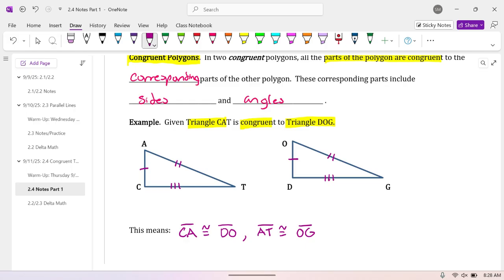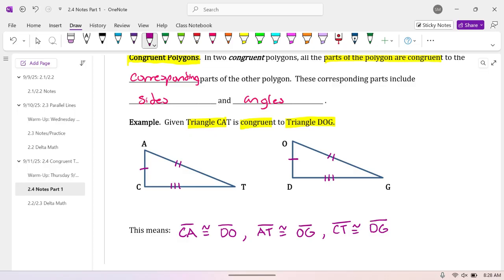I want to mark them with 3 ticks. Now, the reason I'm using different numbers of ticks is because we don't know if any sides within one triangle are congruent. So we have to assume it's scalene, meaning all sides are different sizes. All right. So we would say CT is congruent to DG.